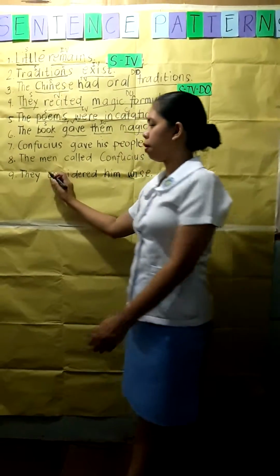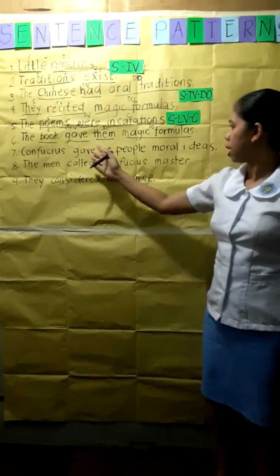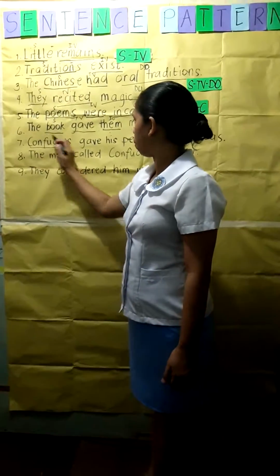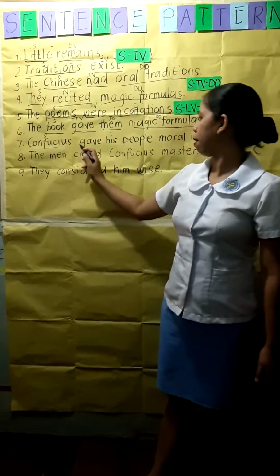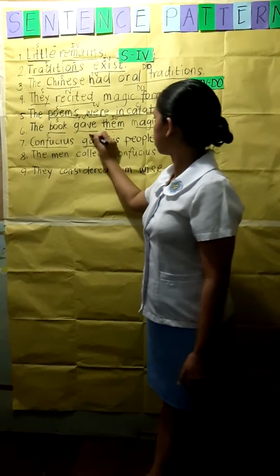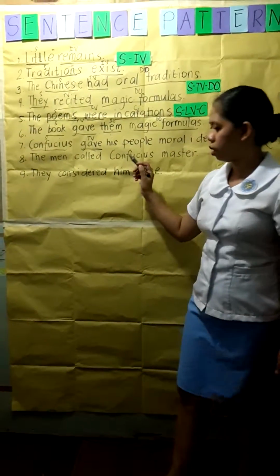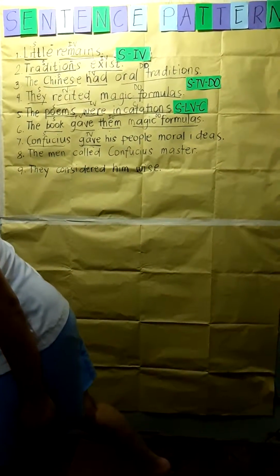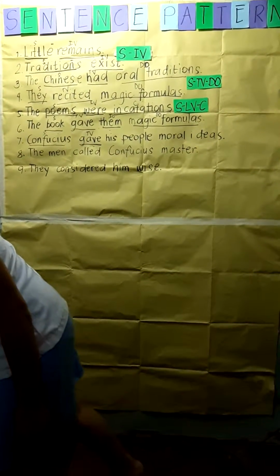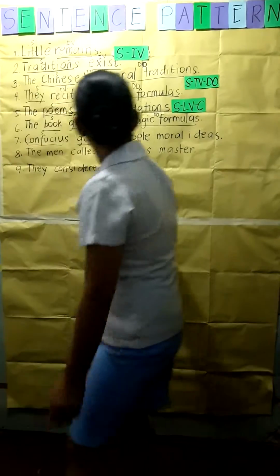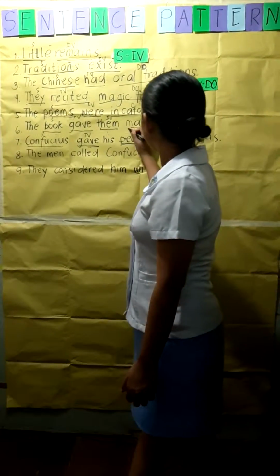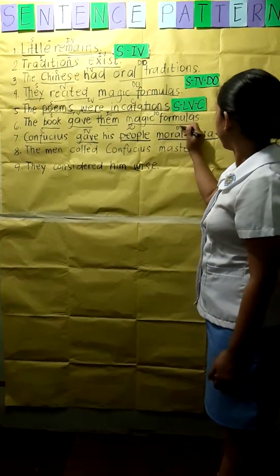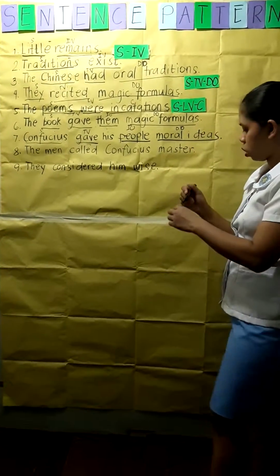Another example, we have Confucius gave his people moral ideas. So Confucius is our subject here. Gave is the transitive verb, and then people is the indirect object, and moral ideas is the direct object.